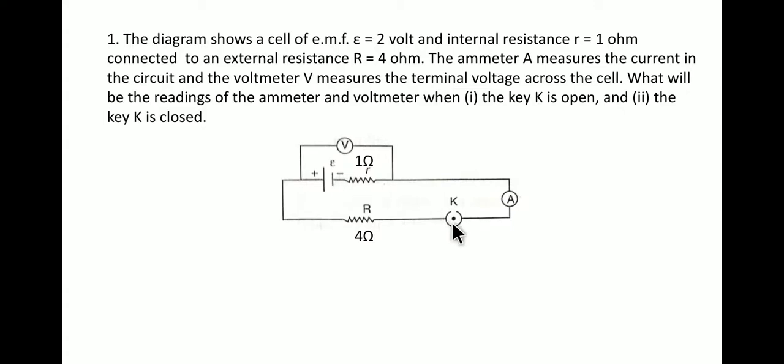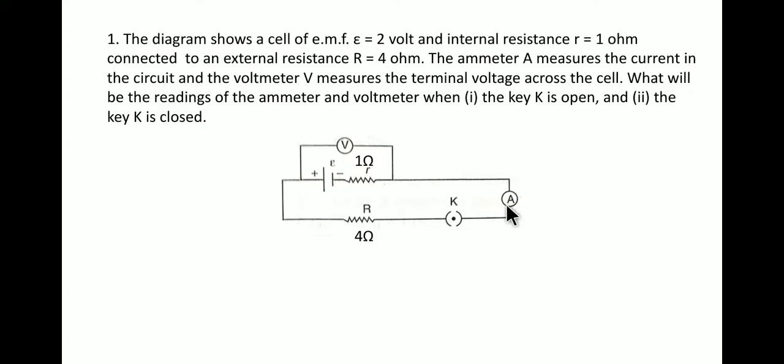But if the key K is open, then the circuit is not complete, means the circuit has not been connected. So in the first case, the key K is open, means the circuit is not connected. So if the circuit is not connected, then the current won't flow through the circuit, and hence there will be no reading of ammeter.